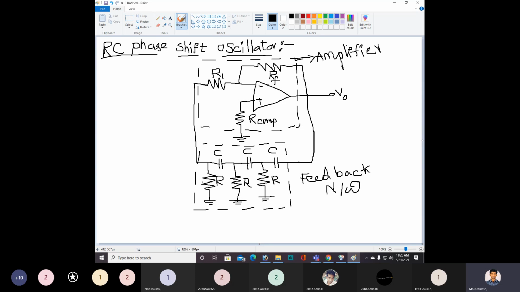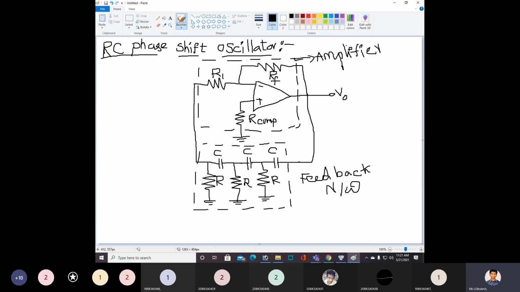Here we have 3 RC stages, right? So each RC stage provides 60 degrees, such that the total phase shift due to the feedback network is 3 times 60 degrees, which equals 180 degrees. Is it clear?